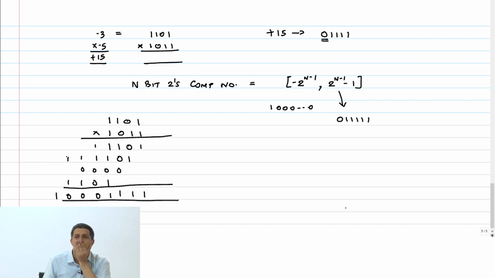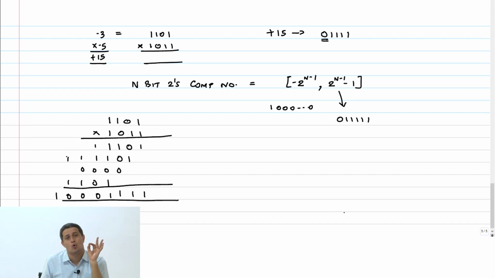So is this right? Is it right to discard the carry? Okay. First thing is, when you're doing 2's complement multiplication, you have to be very careful about the preceding 0, like I told you.